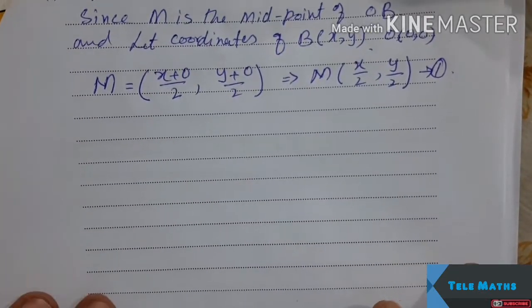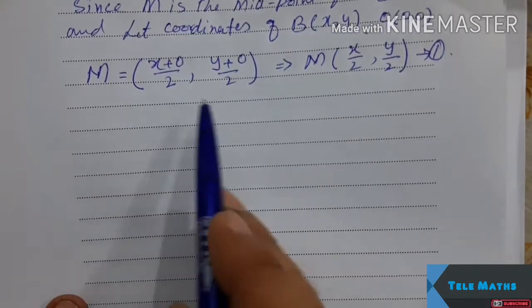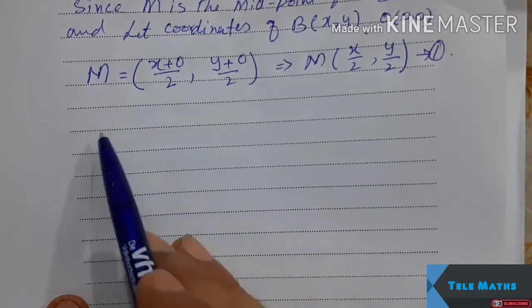Now, M is also the point of intersection of OB and AC, as you can see from the figure.